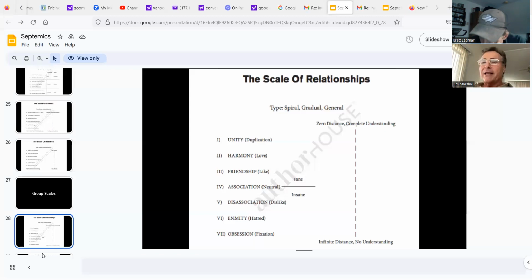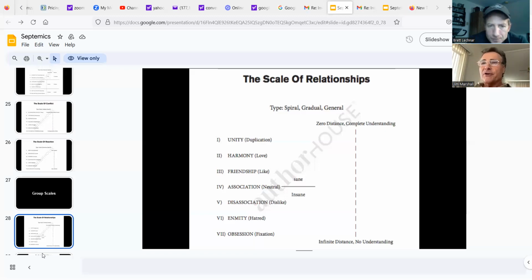Above that is harmony. This is what we call love. Love is harmony. When two people love one another, they are in harmony. They're different. See, the idea of harmony, like when you sing in harmony, two people are singing two different notes, but it's good, it's pleasant. That's what love is about.